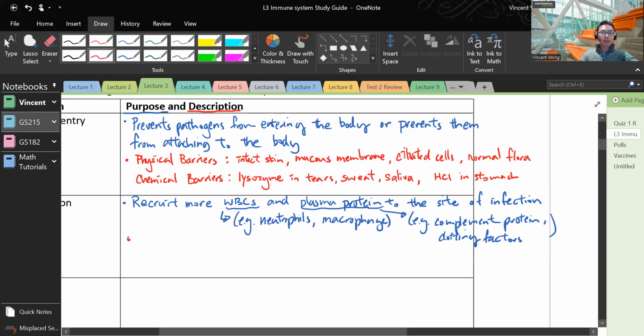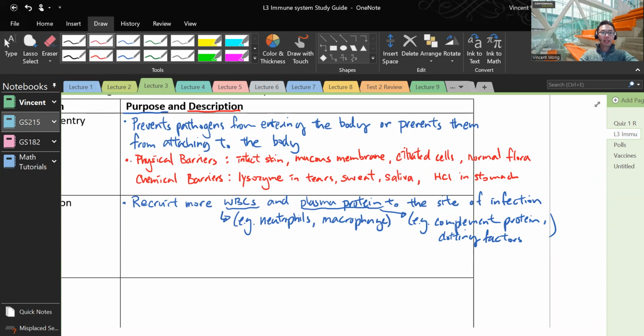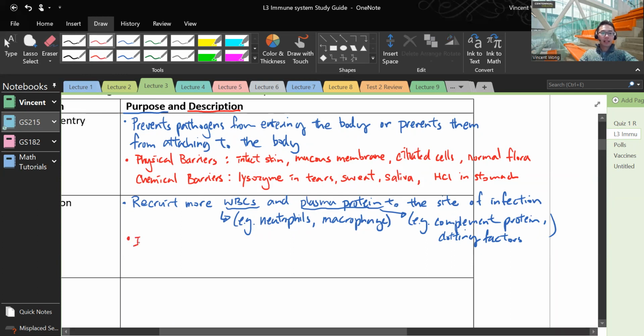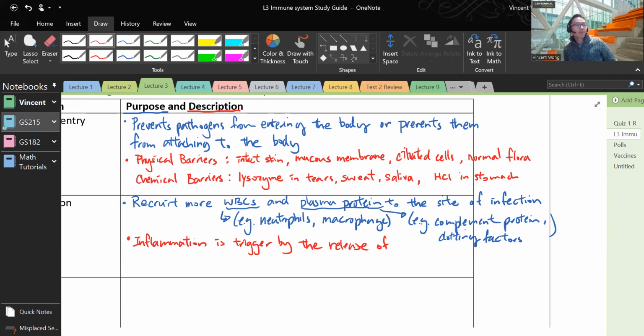And the description would be: inflammation is triggered by the release of... what's the chemical that's being released to trigger inflammation?